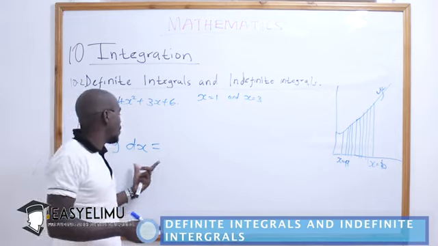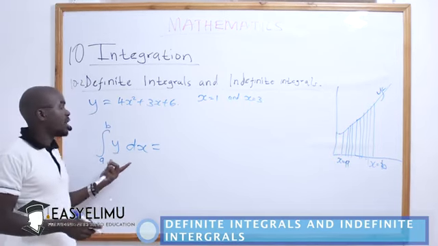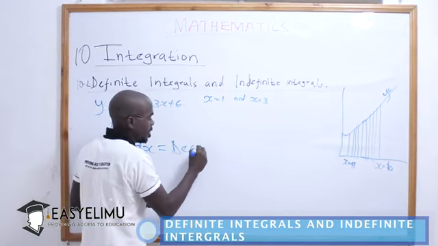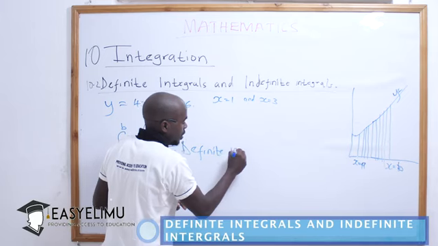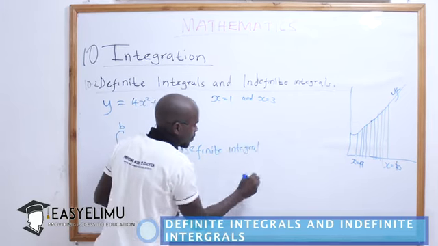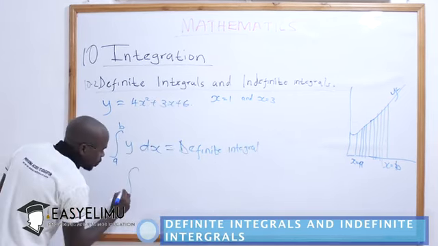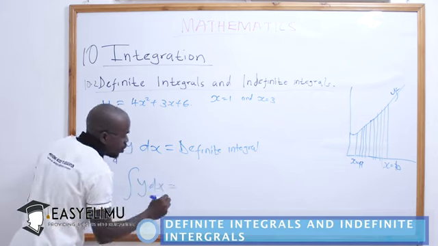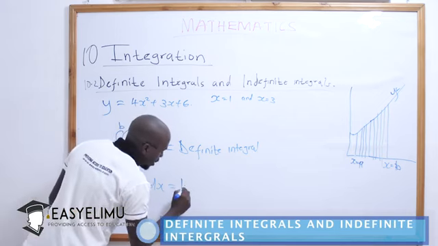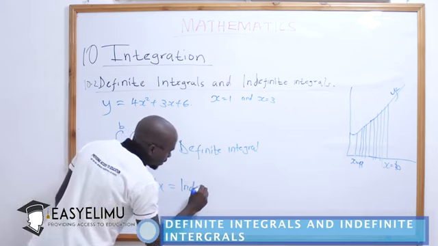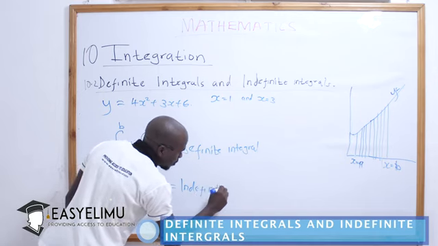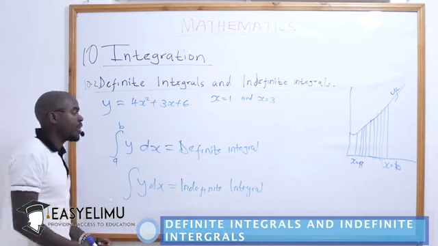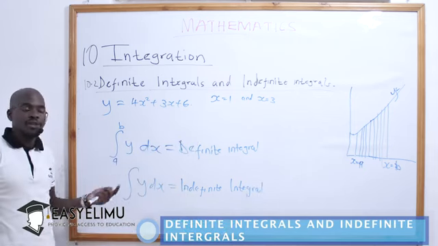But in case you have been given any kind of integration and it has no limits, then know that one is an indefinite integral. It is indefinite because it has no limits.